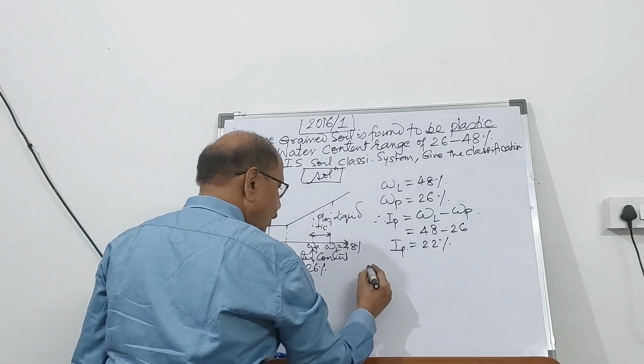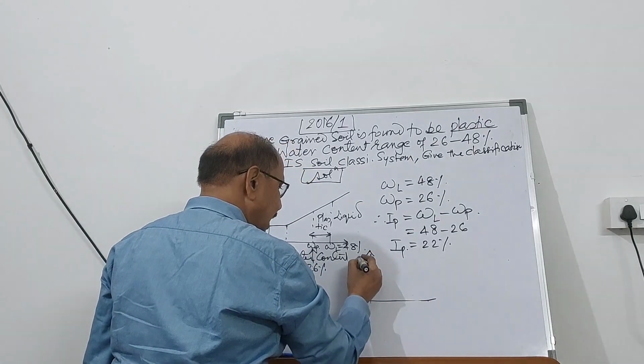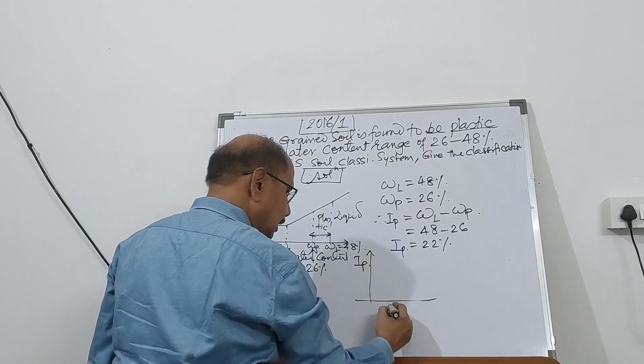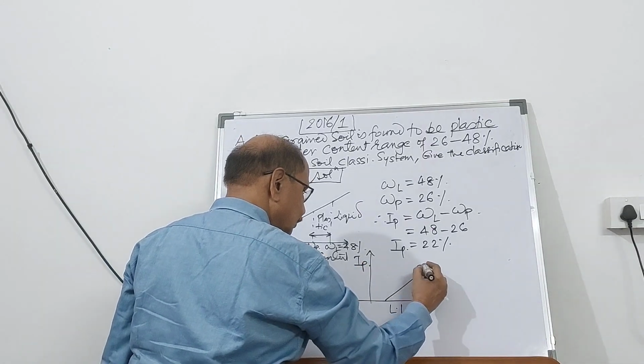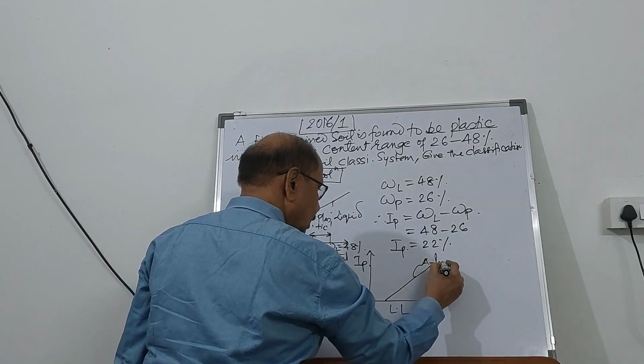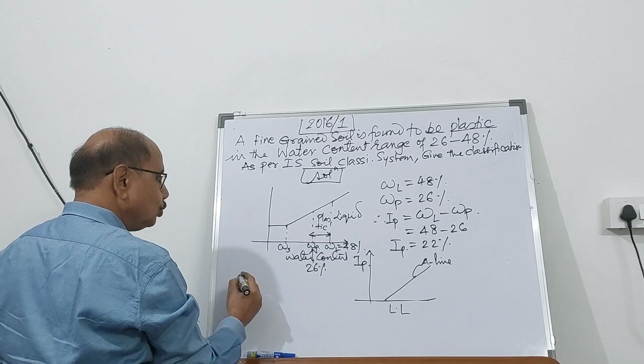Now, from soil classification system, we have IP and liquid limit, A line. The equation of the A line is known to you.